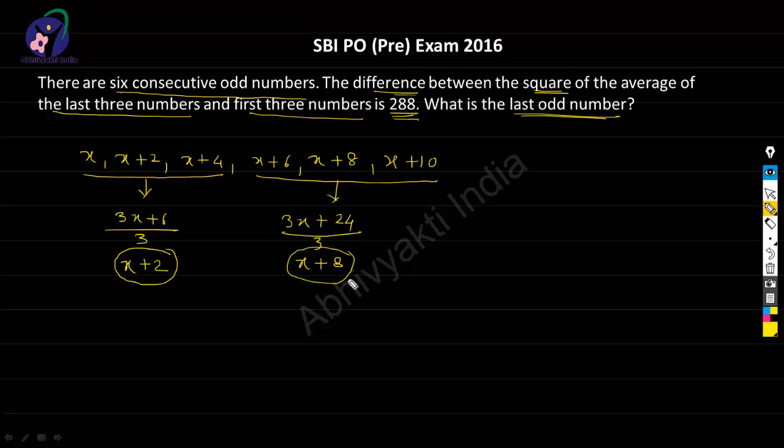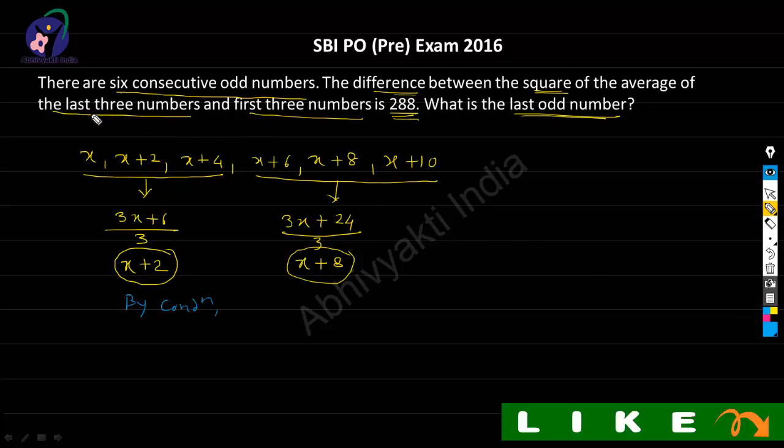And it is given that, therefore by condition, what is the condition? That the difference of the squares of the average of the last 3 numbers and the first 3 numbers is 288.